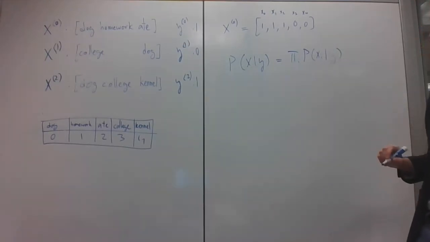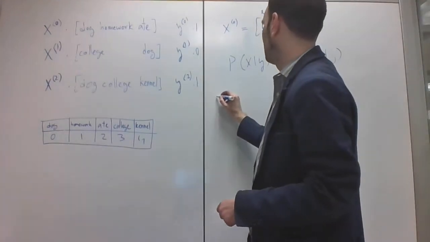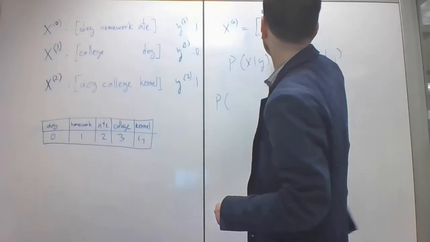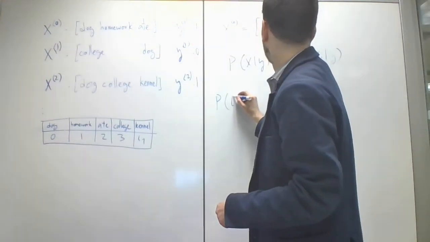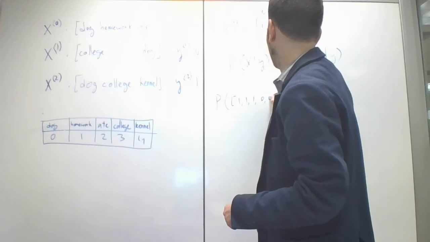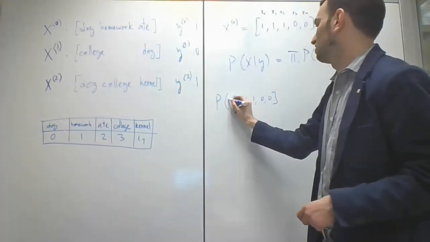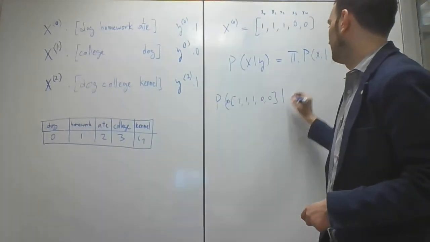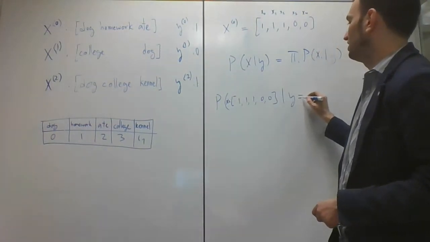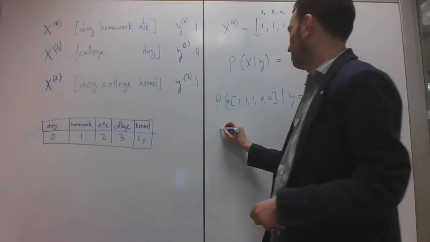All right. So what does it mean specifically? Here, for example, it means that the probability of this vector, 1, 1, 1, 0, 0, which is the x, given that y is equal to 1, is just going to be this product.